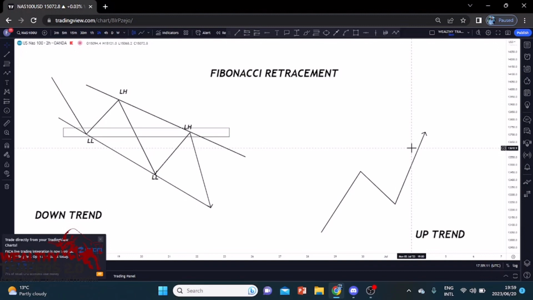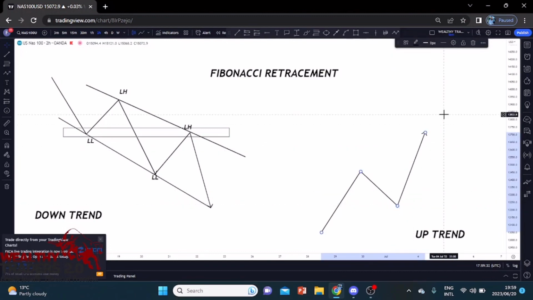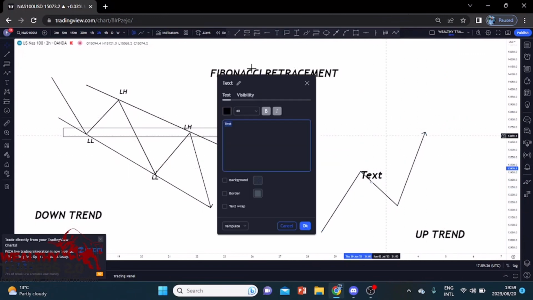This is the first lesson that is going to teach you how to properly use your Fibonacci. We still have to go deeper into how we find entries on your Fibonacci.